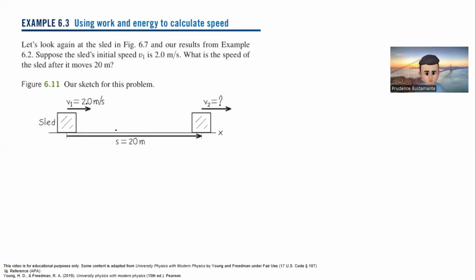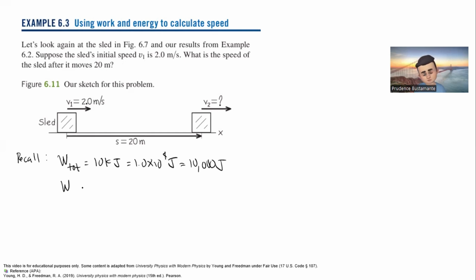Let's look again at the slide in figure 6.7, and our result in example 6.2. Recall that the work total here is 10 kilojoules, or about 1.0 times 10 to the 4 joules, or about 10,000 joules.